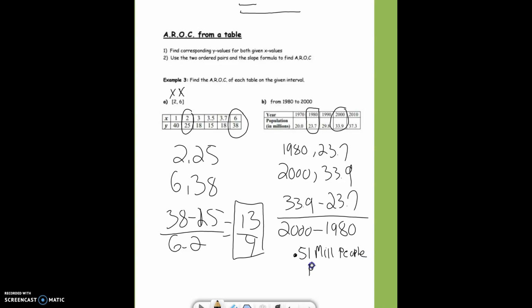Per what? We're going by the year, okay? That's sort of a real-life application problem. All right, there we go.